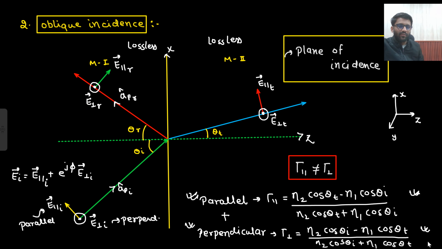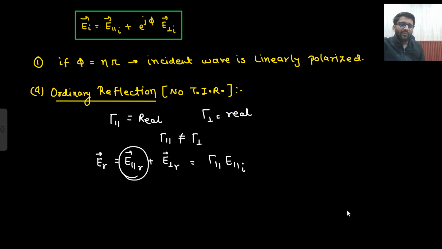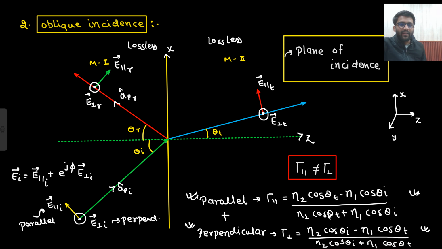Say yes or no. How will you write down this component? When you write this component, it will be multiplied with gamma parallel with the incident electric field parallel component only. Are you able to understand this point? The parallel component of the reflected wave will be equal to the parallel reflection coefficient into the parallel component of the incident wave. Say yes or no. Right?